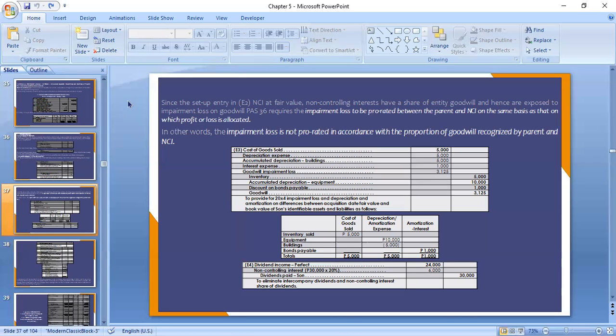We have to debit the amount of depreciation. That's for the periodic amortization: debit depreciation, debit accumulated depreciation for buildings, debit interest expense, goodwill impairment loss, and credit to inventory, accumulated depreciation of equipment, debit to discount on bonds payable, and credit back to goodwill.